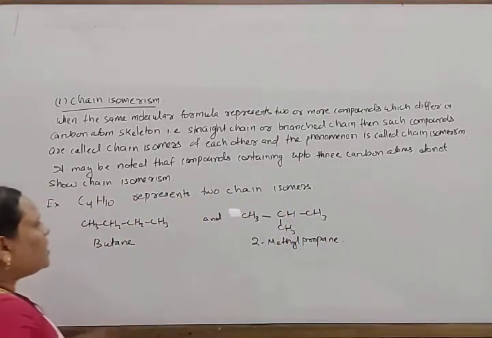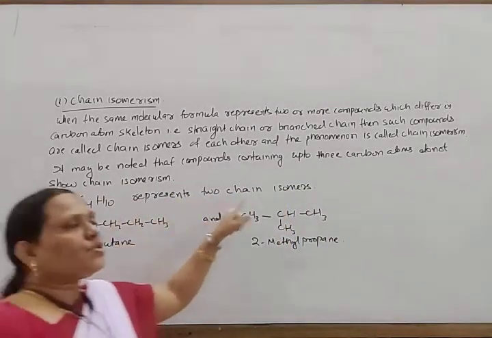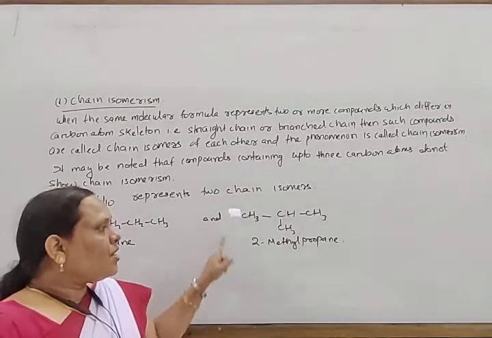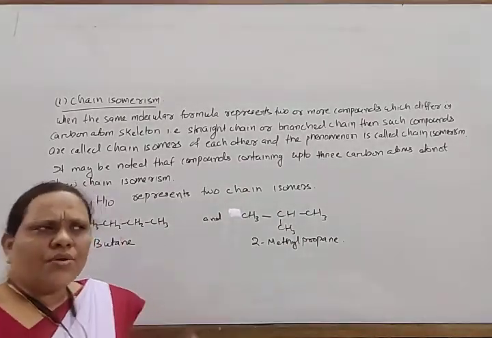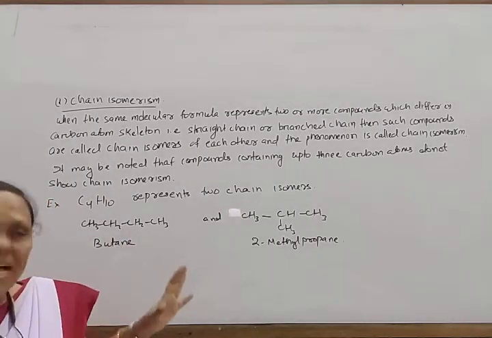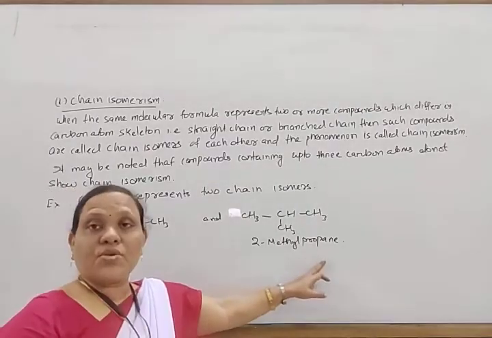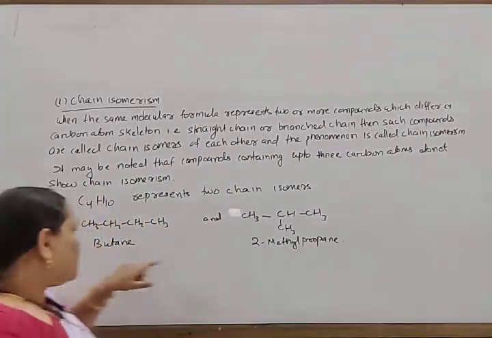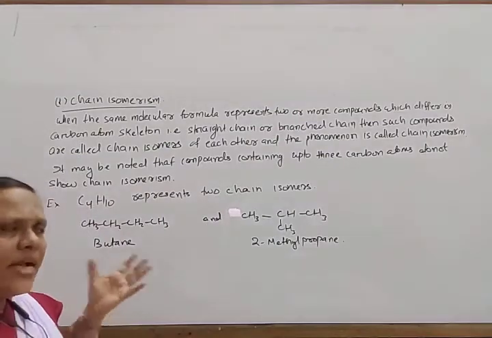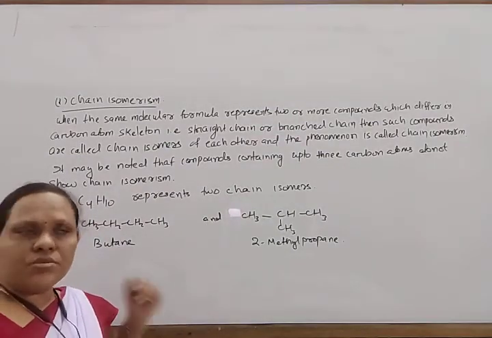So look here, C4H10 represents two chain isomers, butane and 2-methylpropane. This is common sense: often when it forms chain isomers, the word root of the compound is changed. So here this is but and here this is pro. In this way, we can identify whether this is a chain isomer or not.